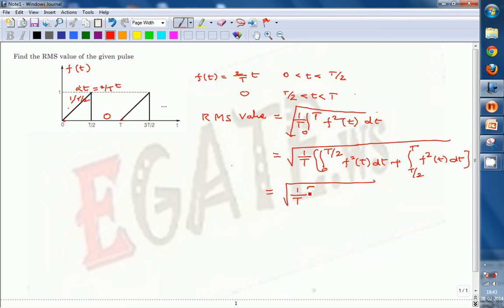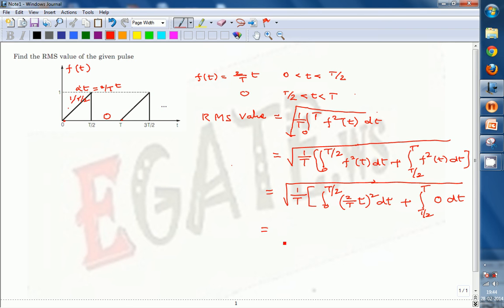So here we know that 1 by T of, we know the value of f of t over the limits 0 to T by 2, that is 2 by T into t whole square dt, plus over the limits T by 2 to T, the value is 0 dt.